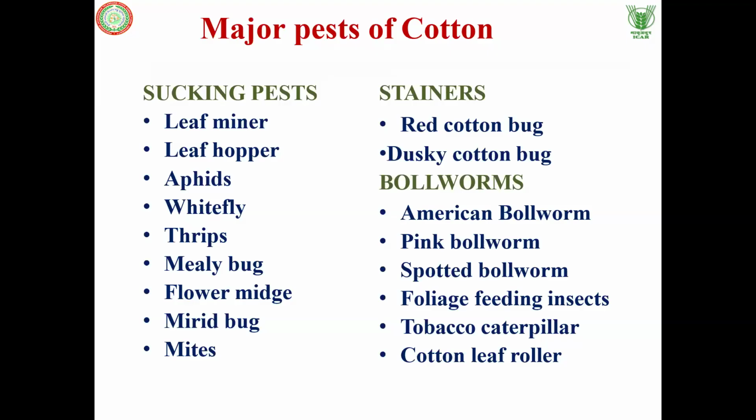There are 8 to 9 sucking pests attacking the cotton crop from sowing till harvesting, and two stainers. The stainers, as the name itself says, cause discoloration of the cotton. Another most important group is the bollworms. Because of these bollworms, the yield of the cotton crop is drastically reduced.